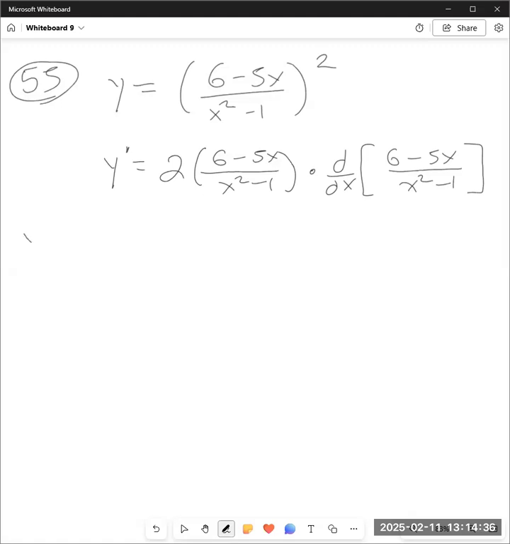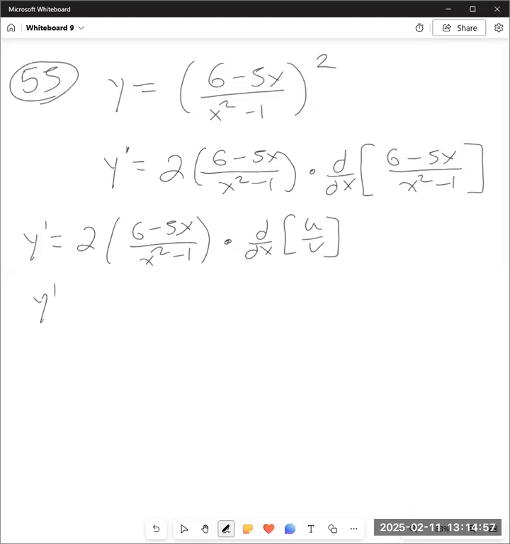Well, I'm going to say y prime equals 2 times (6 - 5x)/(x squared minus 1) times the derivative with respect to x of something that's in the form of u over v.